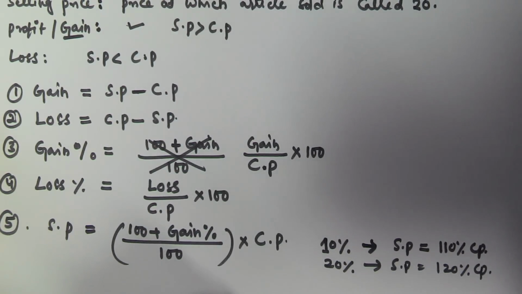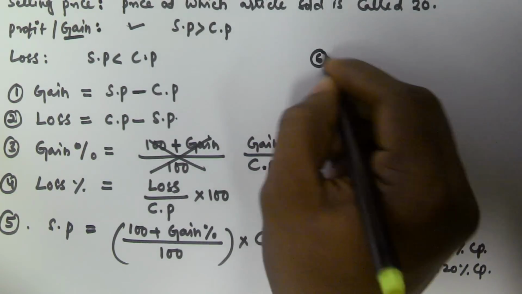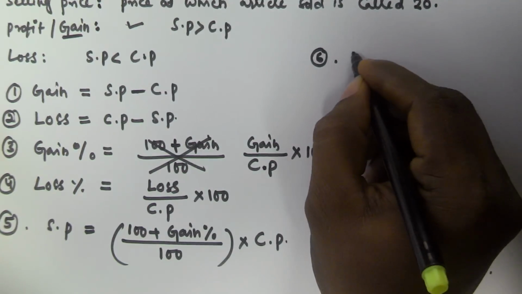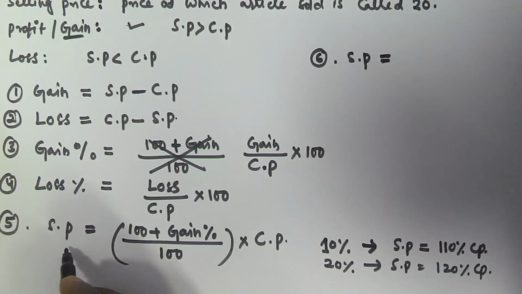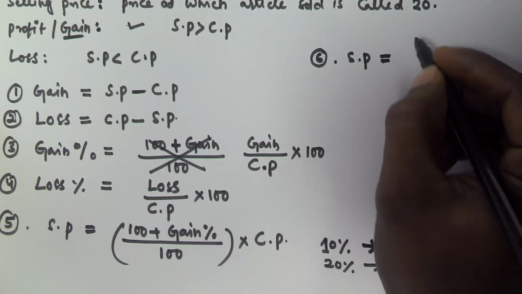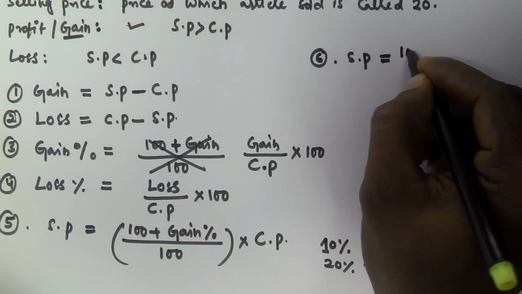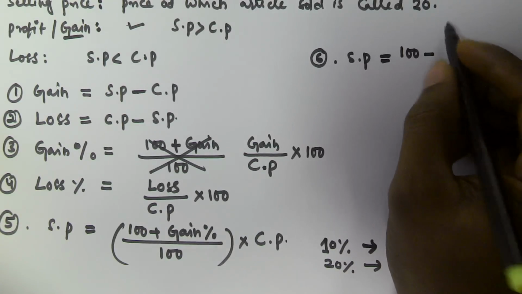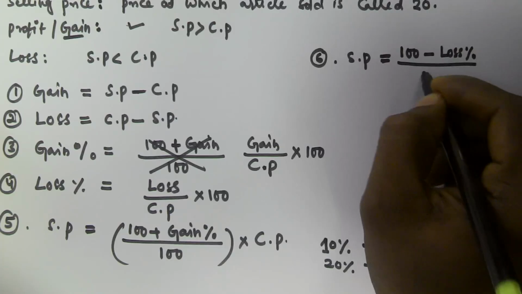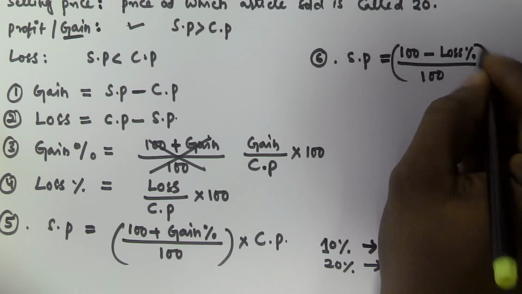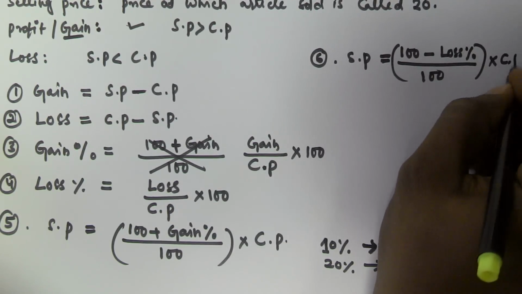The next formula is the selling price whenever there is a loss. So that was the selling price when there is a gain percentage. When there is a loss, the selling price is 100 minus loss percentage, by 100, into cost price.